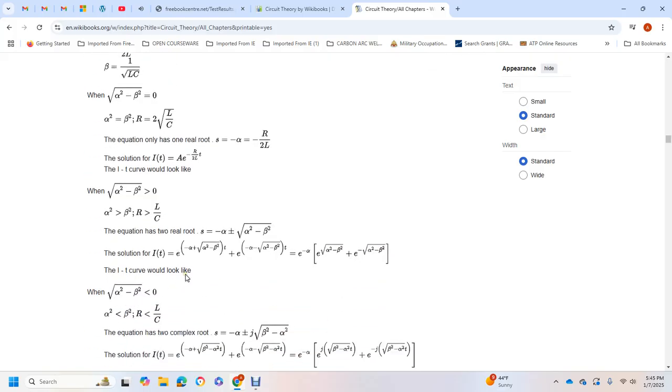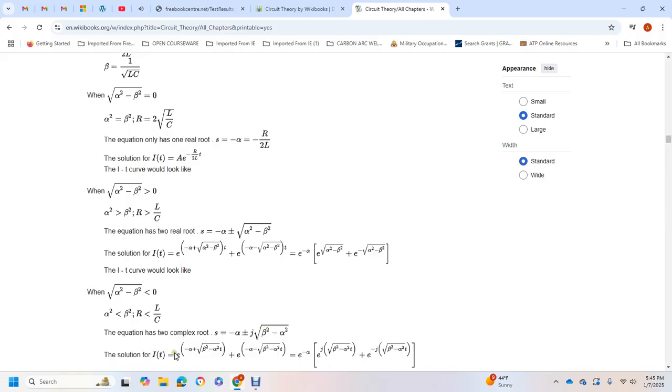The i-t curve will look like the following. When alpha squared minus beta squared is less than 0, alpha squared is less than beta squared, and R is less than 2 times the square root of L over C. The equation has two complex roots: s equals negative alpha plus or minus j times the square root of beta squared minus alpha squared.